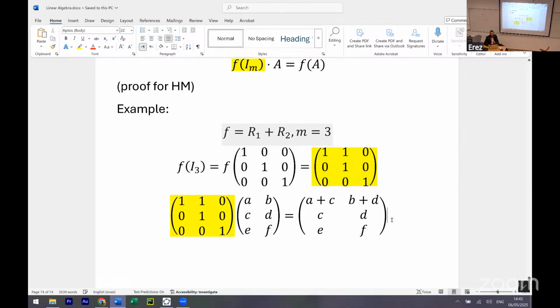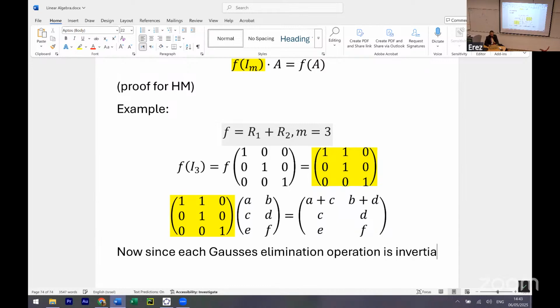So another interesting thing now: since each Gauss elimination operation is invertible as a function, right? If I add a row, I can subtract a row. If I multiply by a constant, I can divide by the constant.